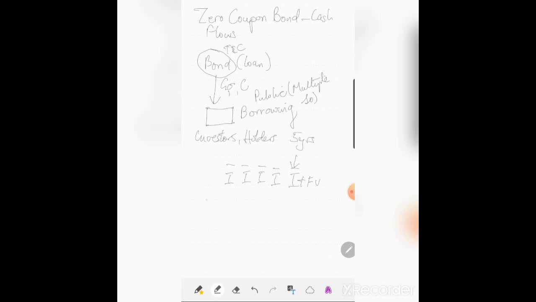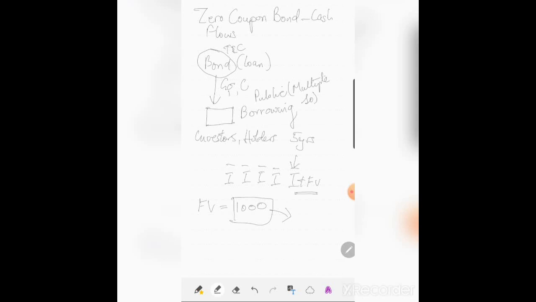So the bond here is quoted on the face value. Let's say a face value of 1,000. It means that on maturity, on this particular date, a value of 1,000 will be paid to the investor.